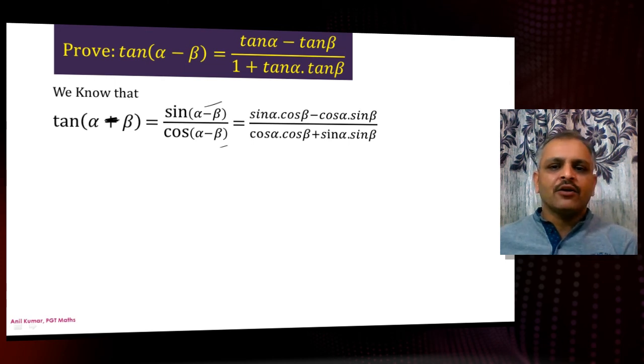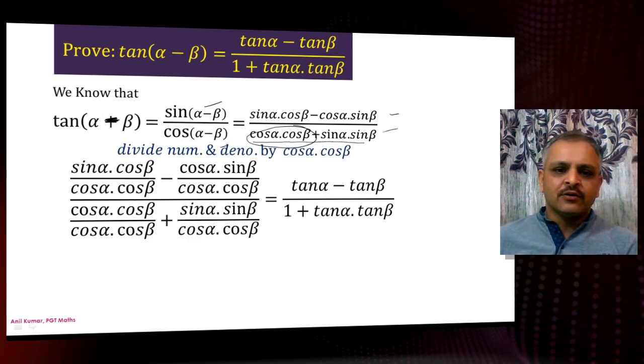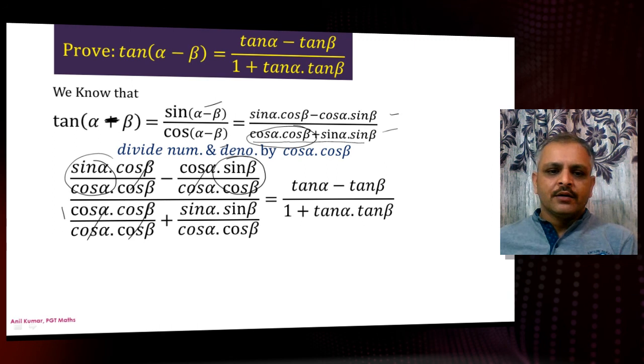Expand this: sin A cos B minus cos A sin B, and this will be cos A cos B plus sin A sin B. In the same way, divide numerator and denominator by cos alpha cos beta, and we will get this. Cos beta cancels, here cos alpha cancels, here both the terms will be cancelled. So tan alpha, this will be tan beta, this will be 1, and this will be tan alpha tan beta.